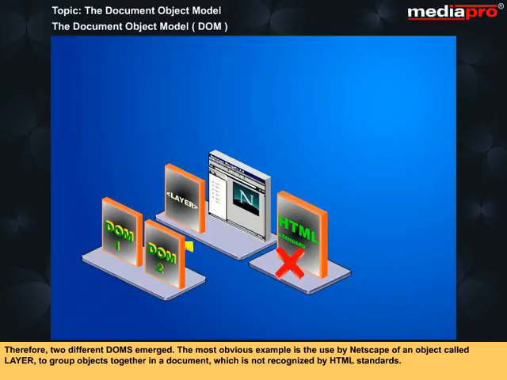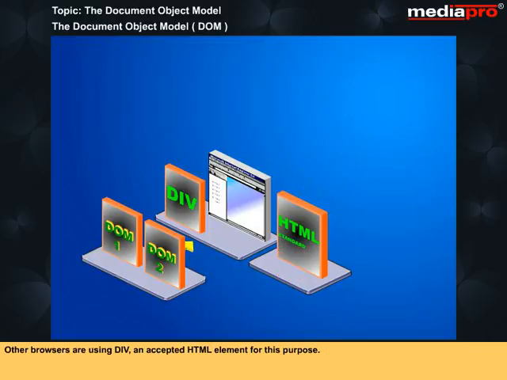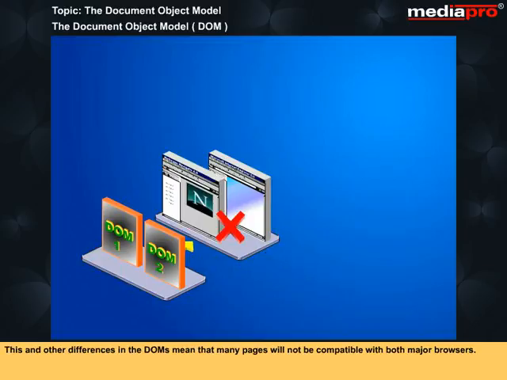The most obvious example is the use by Netscape of an object called layer to group objects together in a document, which is not recognized by HTML standards. Other browsers are using div, an accepted HTML element for this purpose. This and other differences in the DOMs mean that many pages will not be compatible with both major browsers.